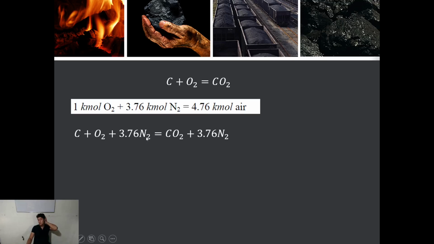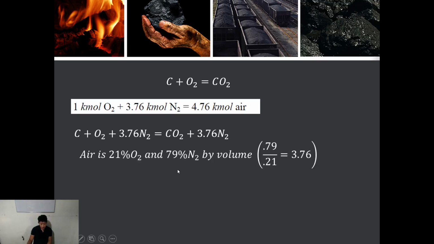The nitrogen does not react. So you need to add this 3.76 N2 here to balance out. Where does 3.76 come from? Your air is 21% O2 and 79% N2 by volume. So to form air, you need 3.76.